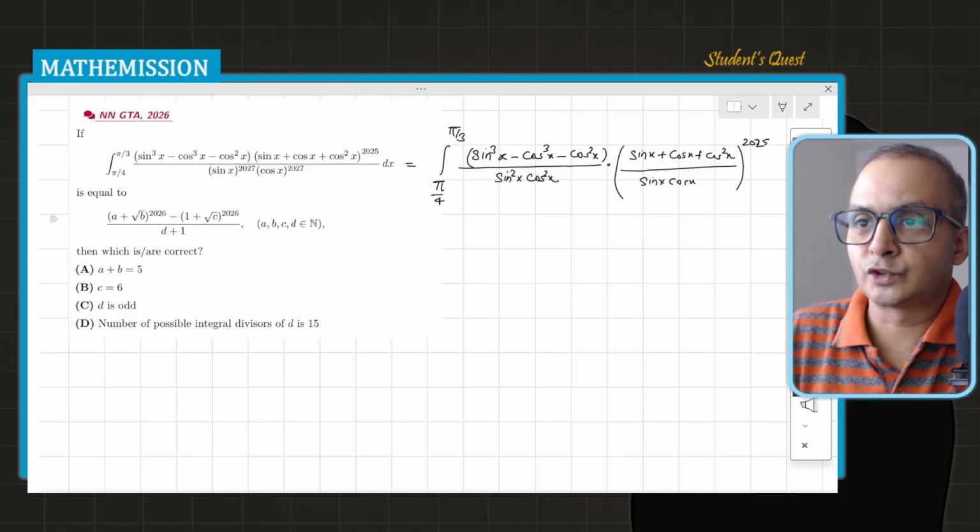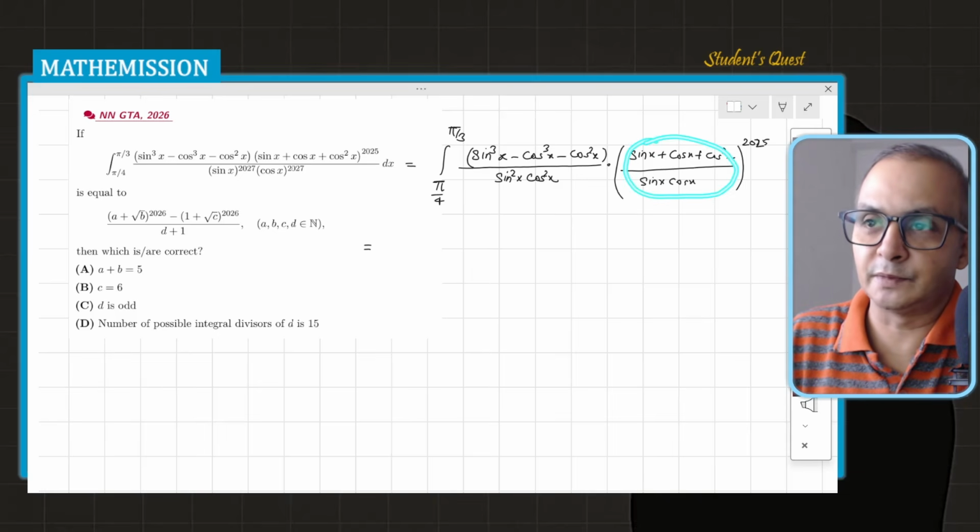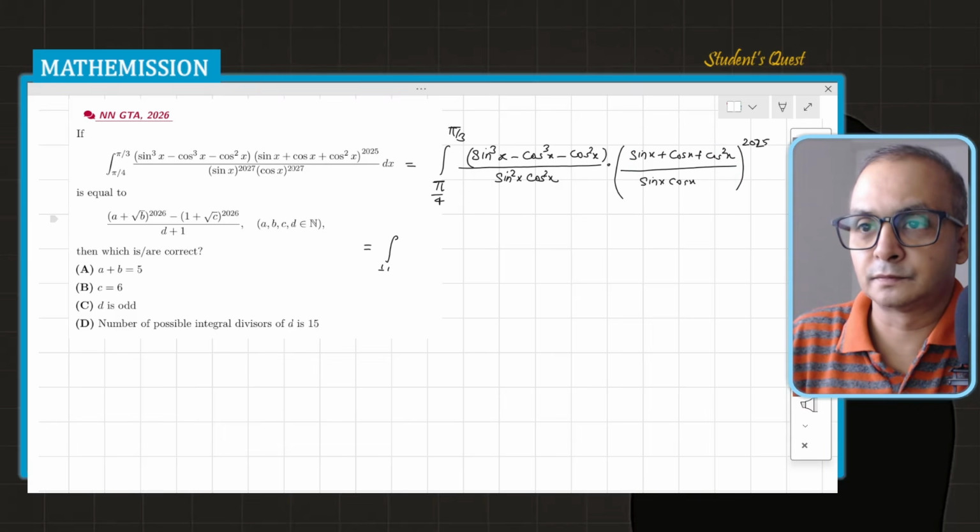After that, there is no such big thing, because here we have to just separate the terms and see what is happening. So let's first write this is pi by 4 to pi by 3, and this thing I'm distributing again, so that will give you sine cube x by sine square x cos square x.